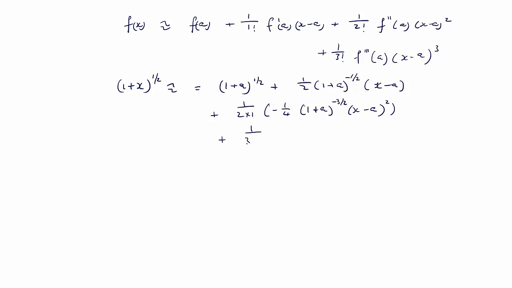And our third term was 1 on 3 factorial. Or we could have that as 3 times 2 times 1 times 3 on 8 times (1 plus a) to the minus 5 on 2, and then times (x minus a) cubed.